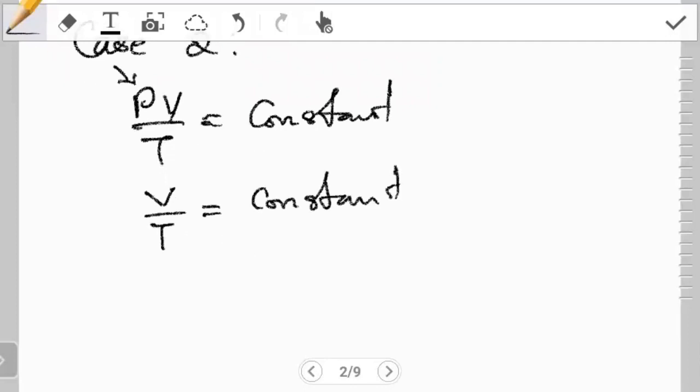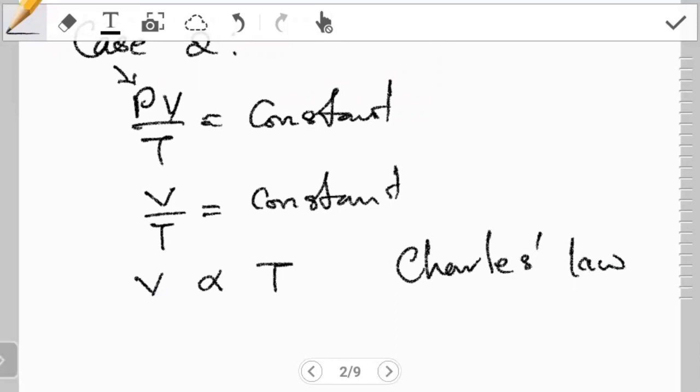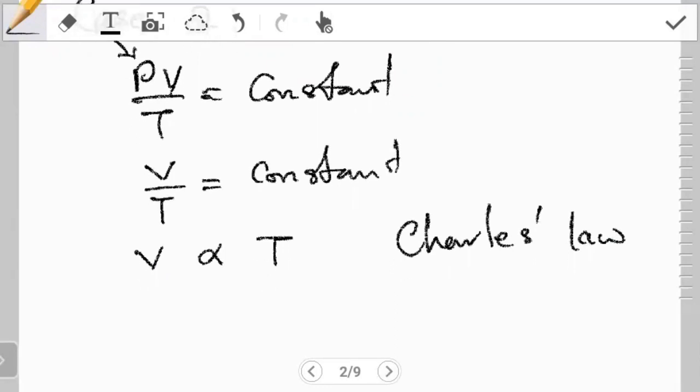If you're asked to state what this law is, then you should be able to see that now you have V varying directly to the temperature. Now, of course, this gives rise to what we call Charles' law. Now, how do we state it? Again, the same conditions, a fixed mass of a dry gas.